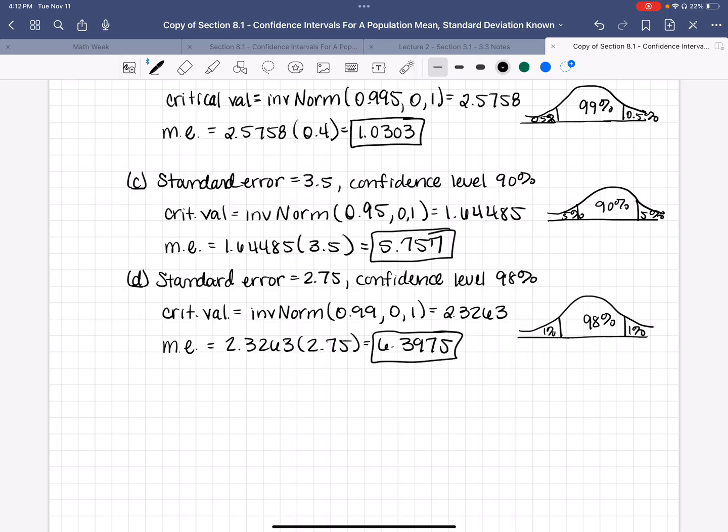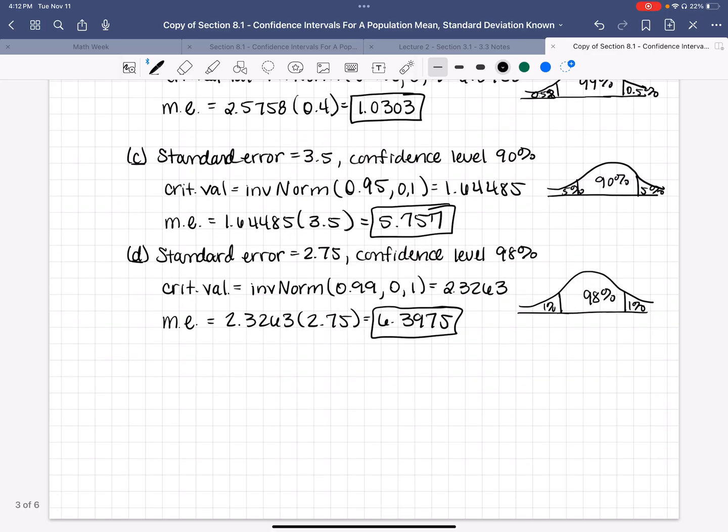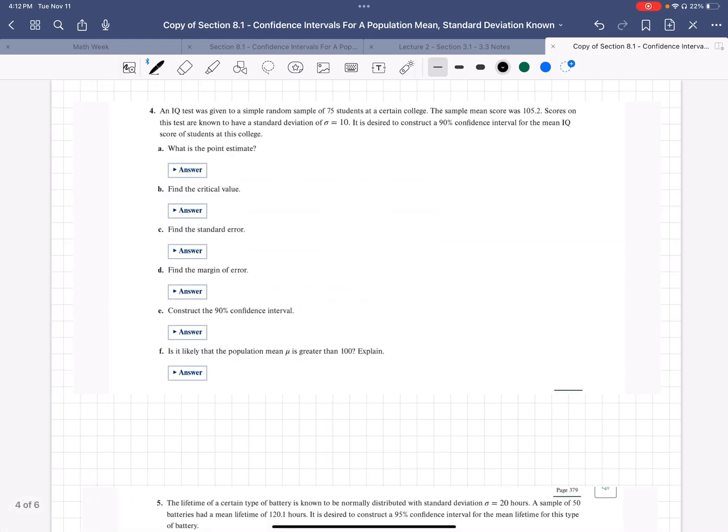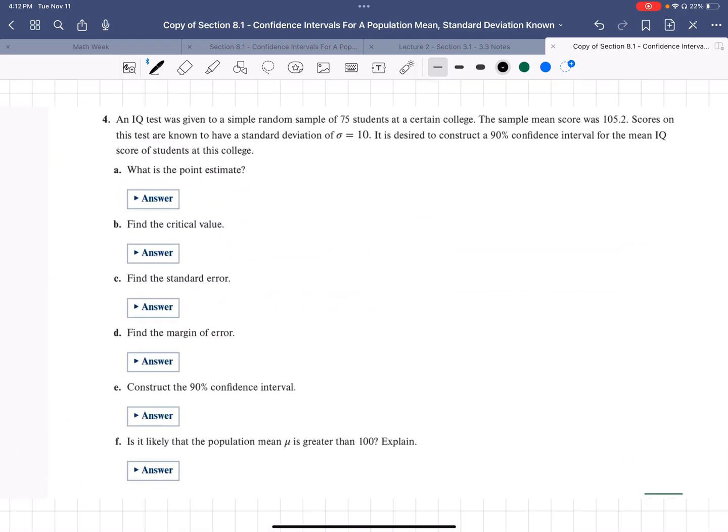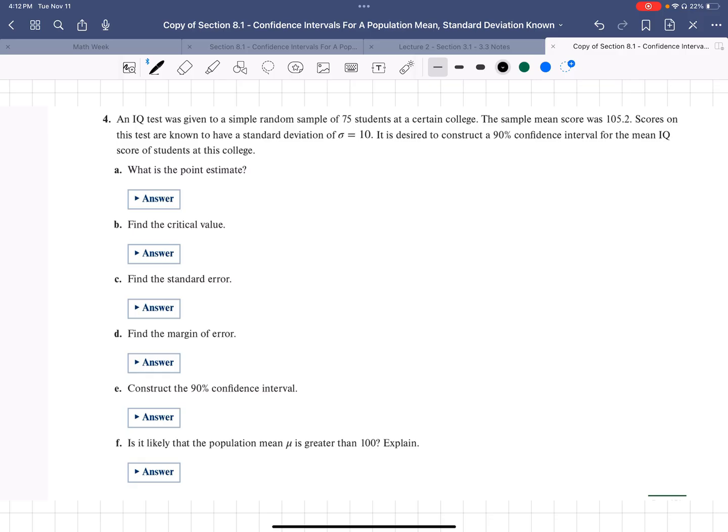Okay, so let's look over here at example 4 and 5. An IQ test was given to a simple random sample of 75 students at a certain college. So that does tell me that N is 75 right there. The sample mean score was 105.2, so I've got a mean of 105.2.